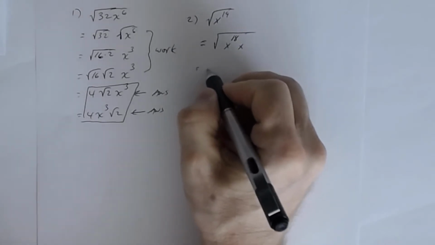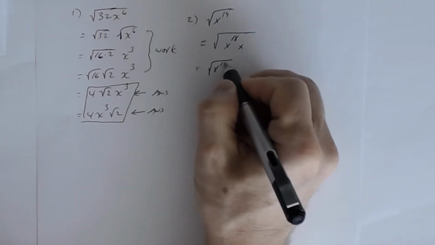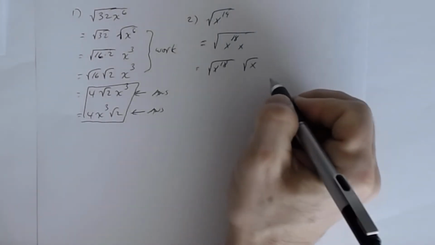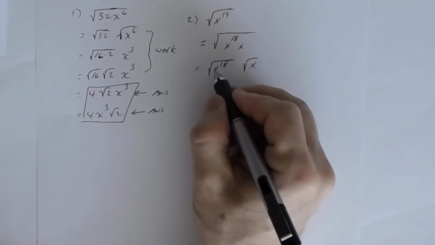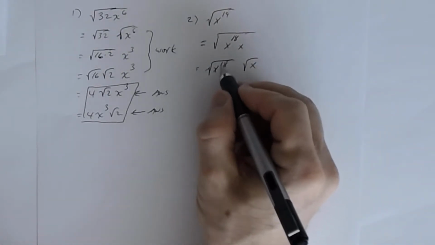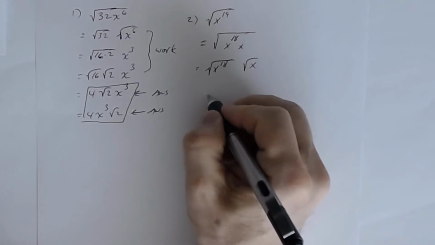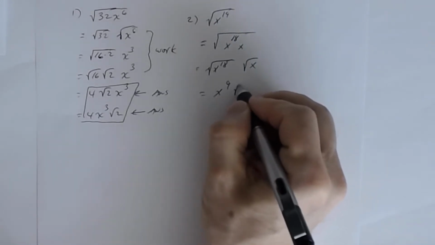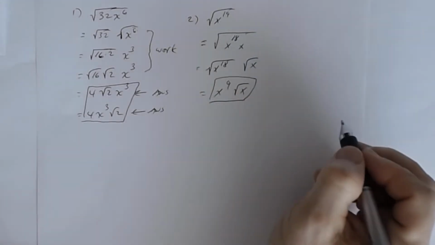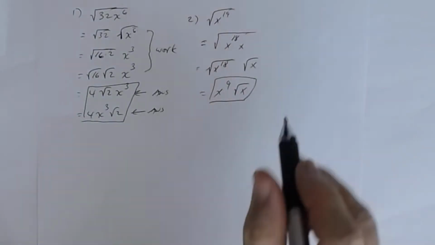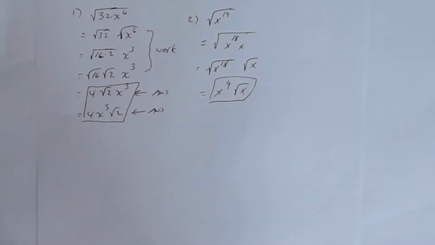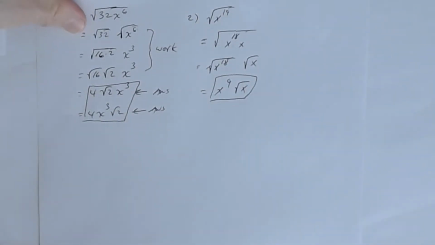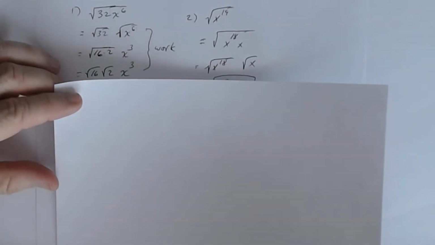So now this becomes the square root of x to the 18th times the square root of x. For the square root of x to the 18th, what times itself twice is x to the 18th? Well, 18 divided by 2 is 9, so the answer is x to the 9th. So x to the 9th, square root of x. Now I just want to remind you of something.